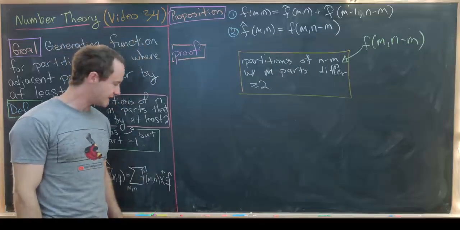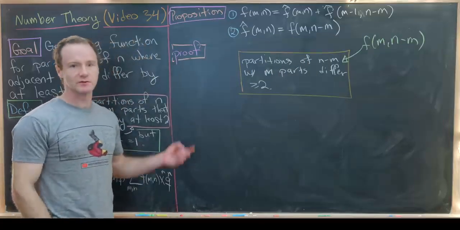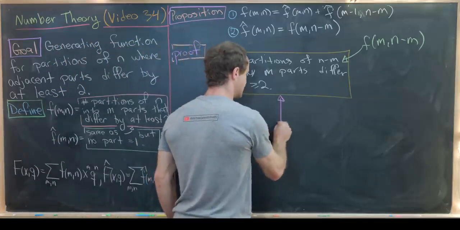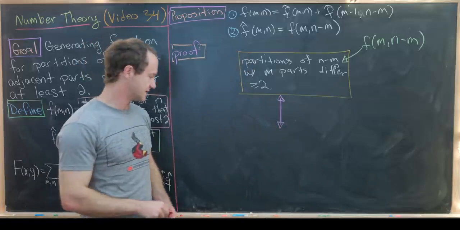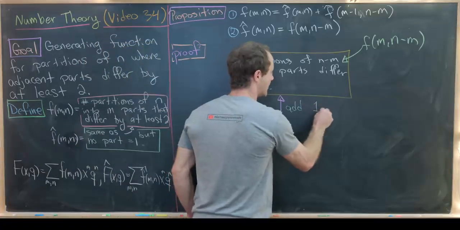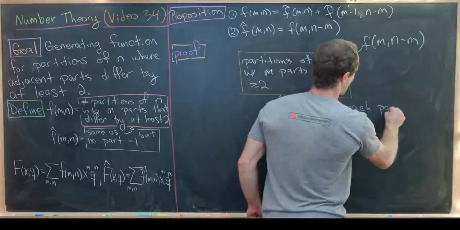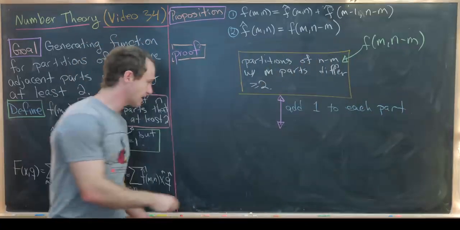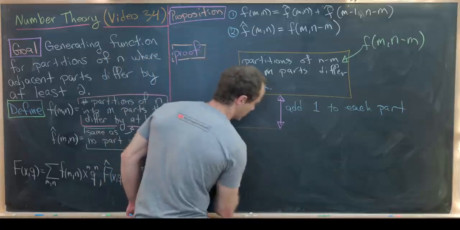Okay, what will we do here? Well, we're going to do a similar transformation to what we did on the last board. So I'm going to set up this one-to-one correspondence, which is generated by adding 1 to each part of every partition in this box. Okay, so let's see what effect that will have.